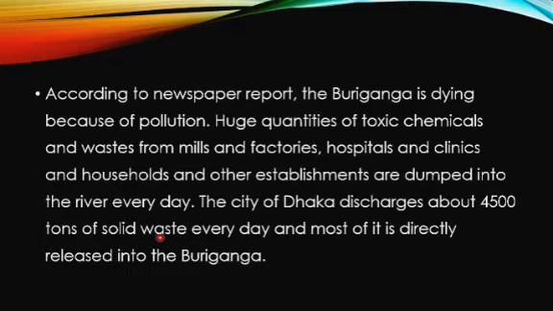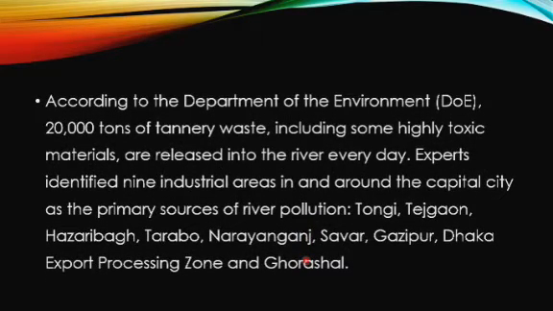We have polluted it in such a way that nowadays we are actually dumping all the waste into the river without thinking of the after effect of these things. According to the Department of the Environment (DOE), 20,000 tons of tannery waste, including some highly toxic materials, are released into the river every day.